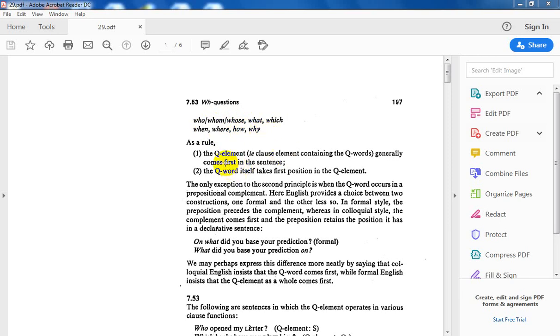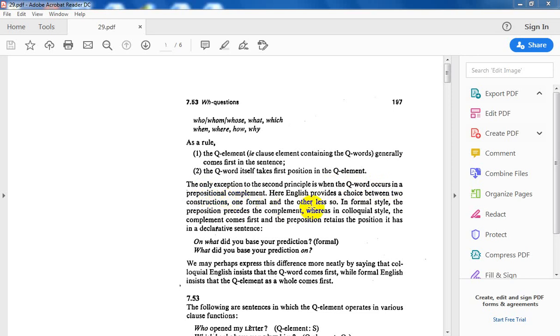Generally the Q element comes first. As a rule, with WH questions, they come at the beginning of the sentence. Second, the Q word itself takes first position in the Q element. The only exception to this second principle is when the Q word occurs in a prepositional complement.